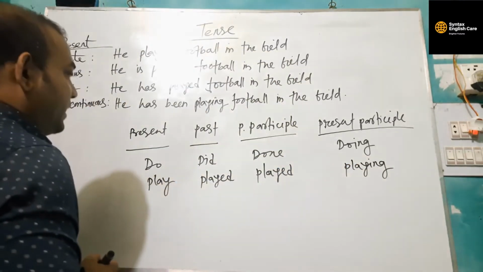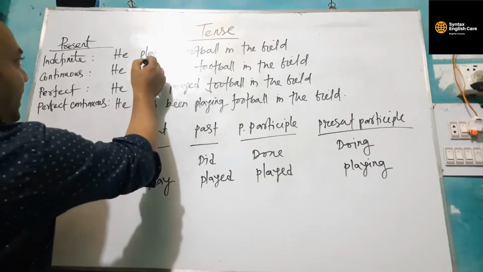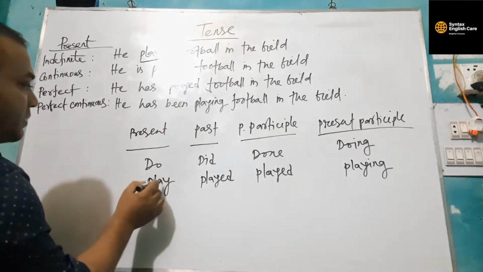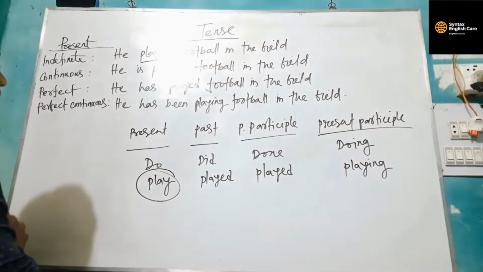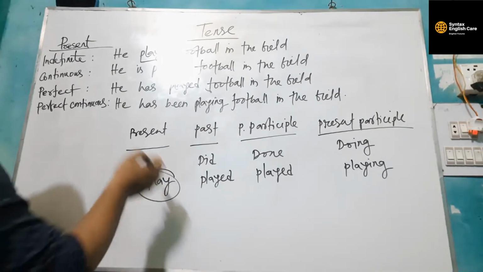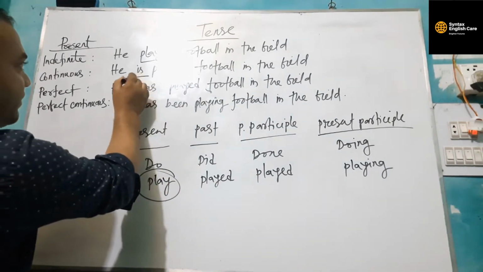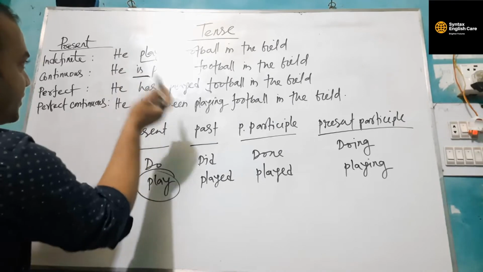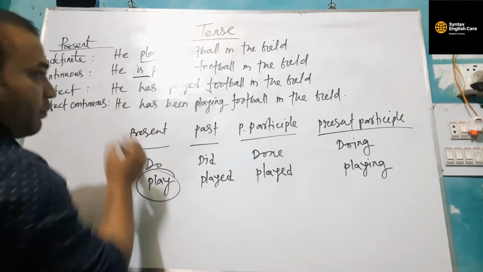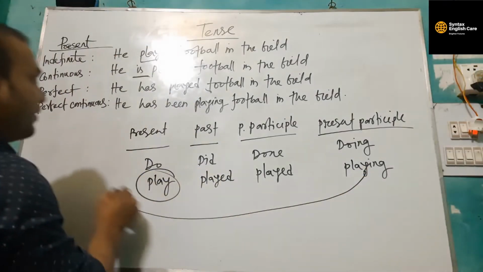Okay, so in the first case, present indefinite tense, I use the present form of the verb play. And in case of continuous, an auxiliary verb is used here, is after he, and the present participle form of the verb is used here.